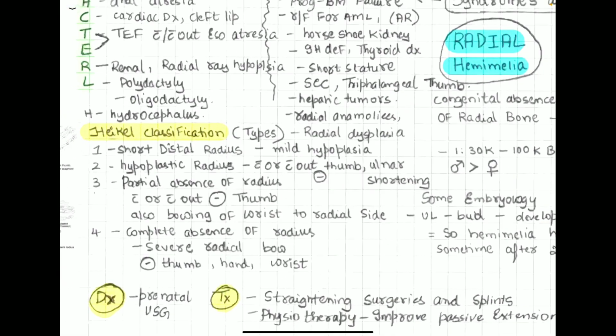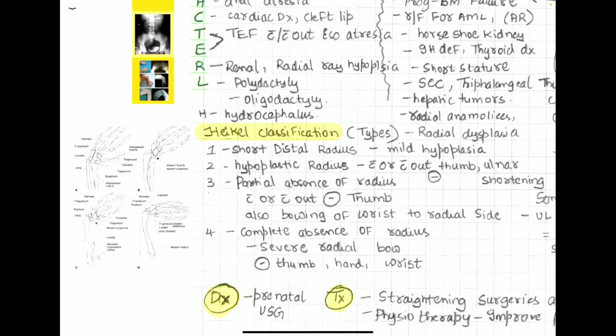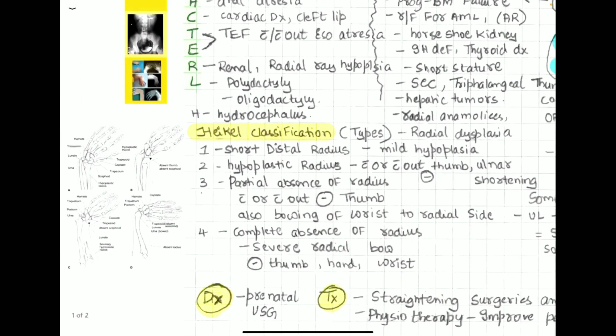Regarding the classification system used, it is the Bayne and Klug classification of radial dysplasia. There are four types. Type 1 is short distal radius, where there is only mild hypoplasia.